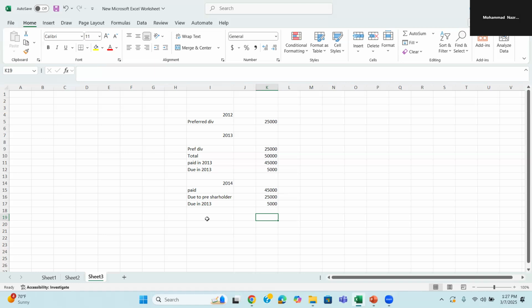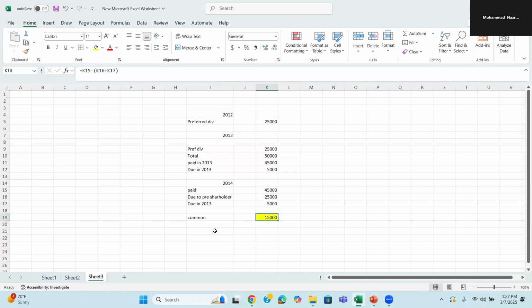This is due. So the remaining part should be for the common stockholder, right? So it should be like 45,000 you paid and you due 30,000. So this 15,000 is for your common stockholder.